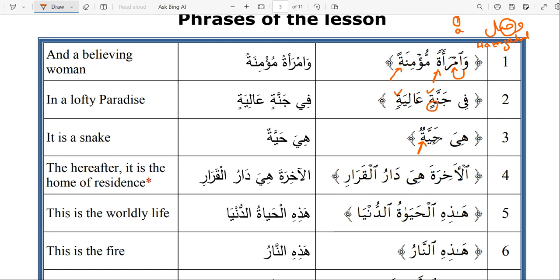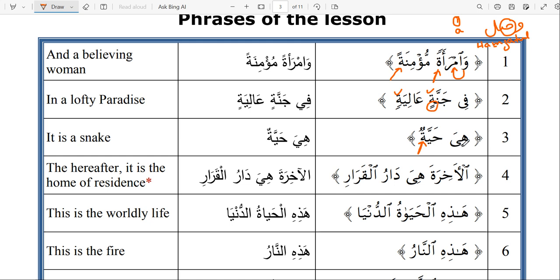But in Arabic, everything has a gender, be it an object, or a country name, or the name of anything. Everything has a gender. So it has a ta marboota at the end, so we say that hayyatun is a feminine noun.